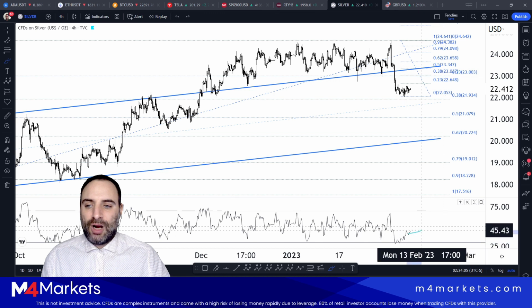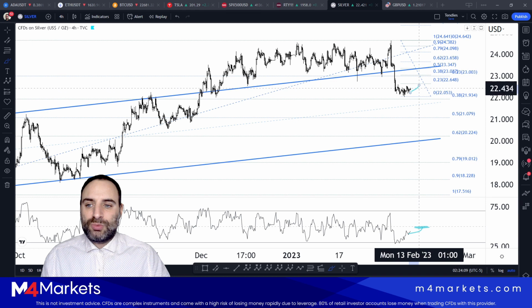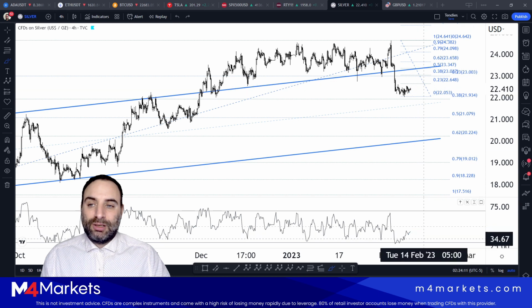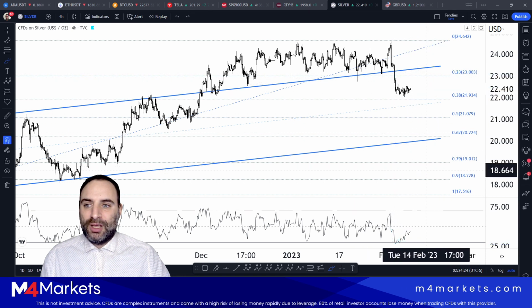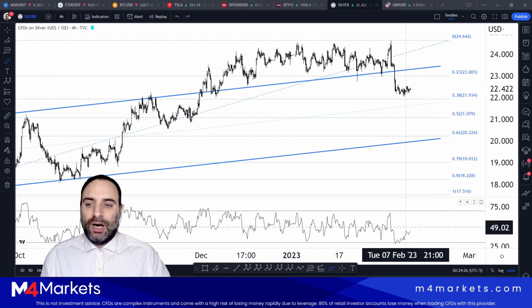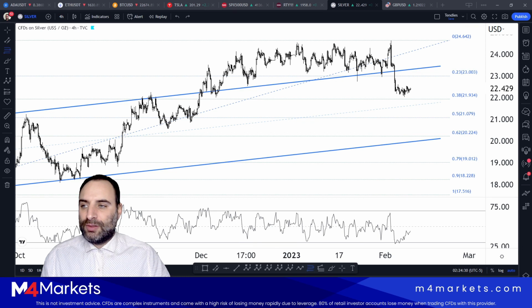If we find trouble at around the 50 on RSI as we go up, then, because we have been in this range for a while now, since last Friday, that would become the top of the range, right? So we have to pay attention to that level.